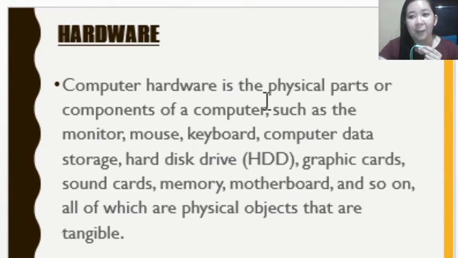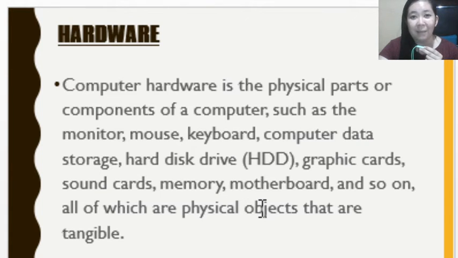So computer hardware are the physical parts or components of the computer. These are composed of the monitor, mouse, keyboard, computer data storage, hard disk drive, graphic cards, sound cards, memory, motherboard, and so on.